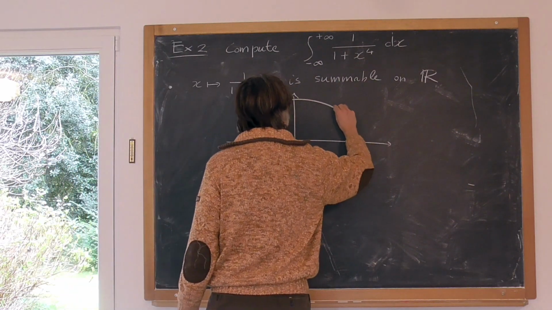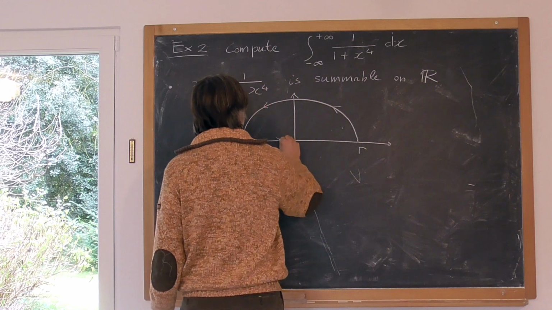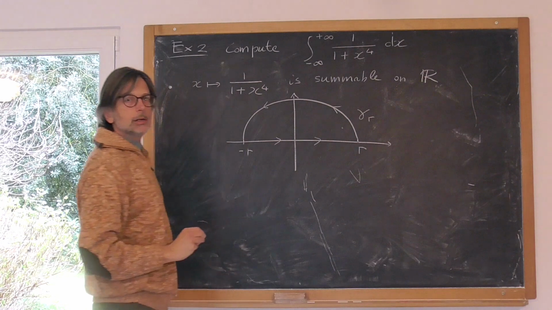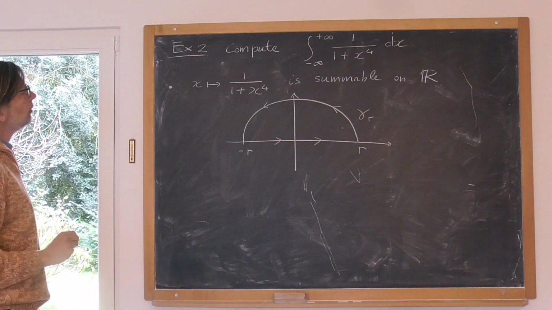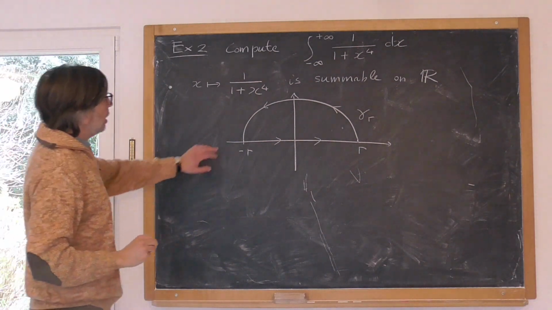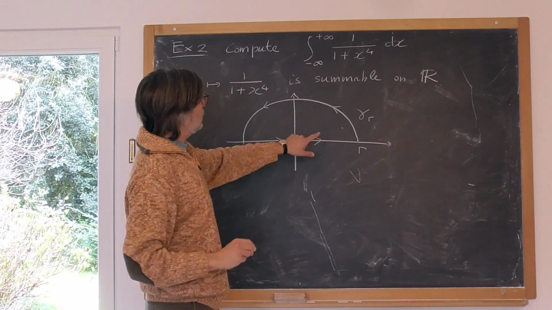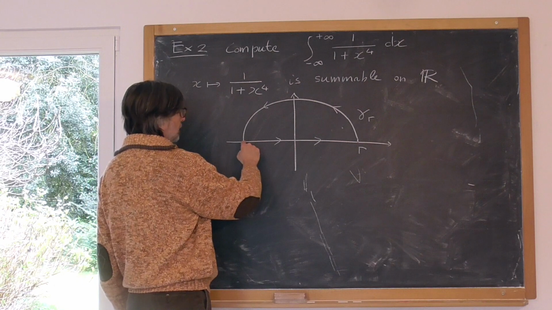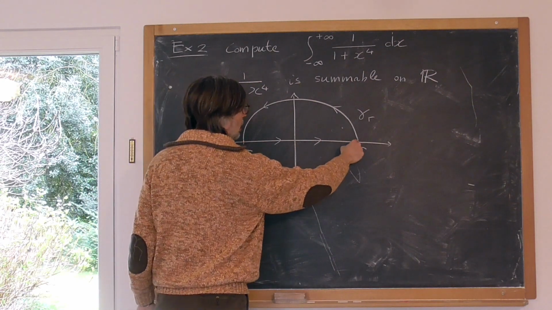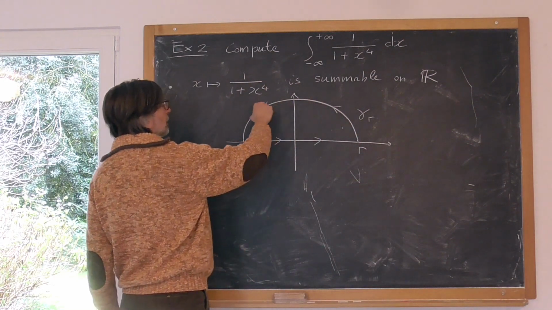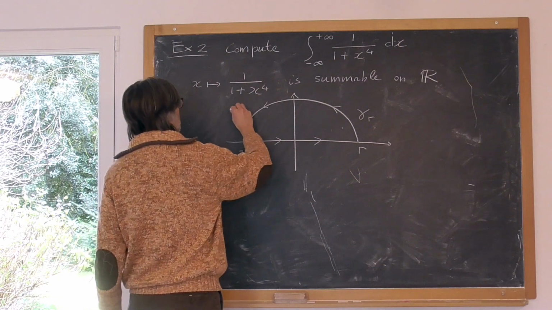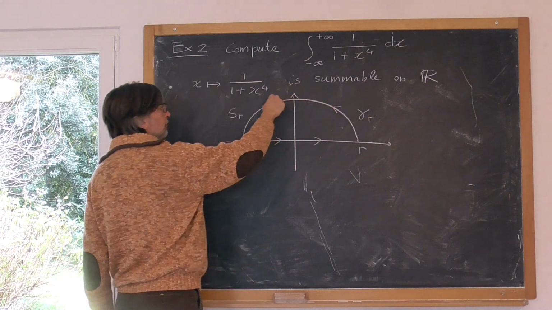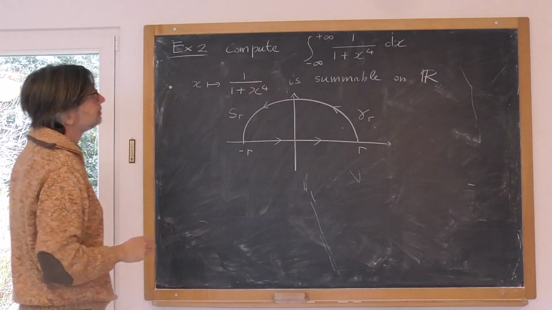We will call this contour gamma r. This contour has two pieces, the interval from minus r to r, and then this half circle, let's call it SR. So SR denotes this curve here above.